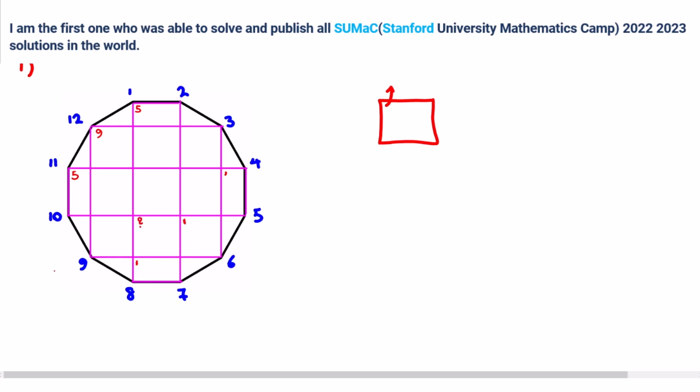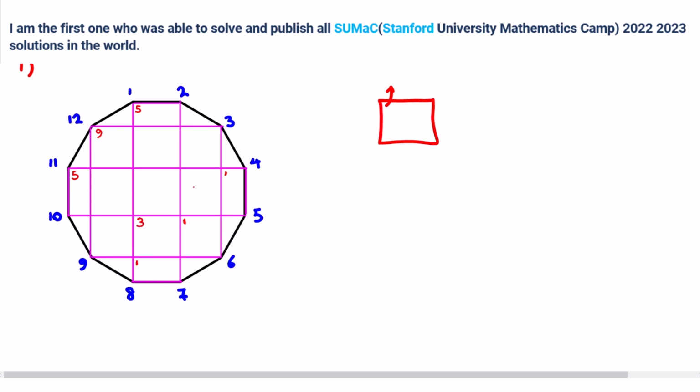This one is what? 2. No, not 2. Try again this. 3. Exactly 3. 1, 2, 3, right?